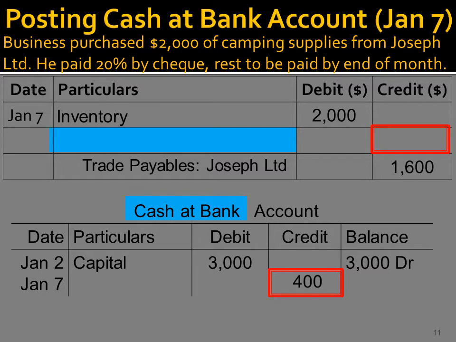That is step 2. Step 3, we will post the other account affected in this transaction in the particulars column. This is the reason as to why we have credited the cash at bank account with $400. The account that we need to post to the particulars section, or the reason, is to do with inventory.